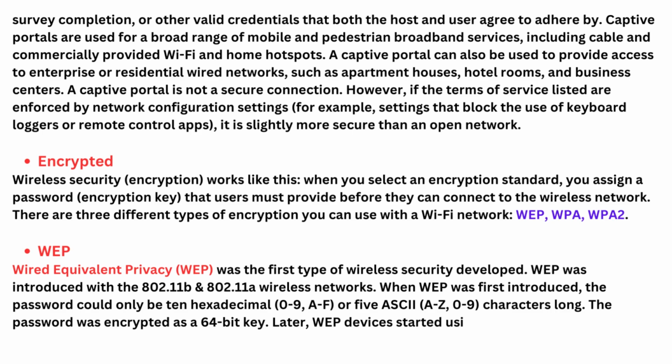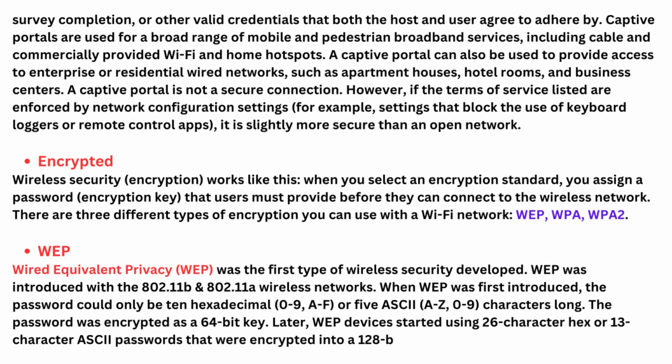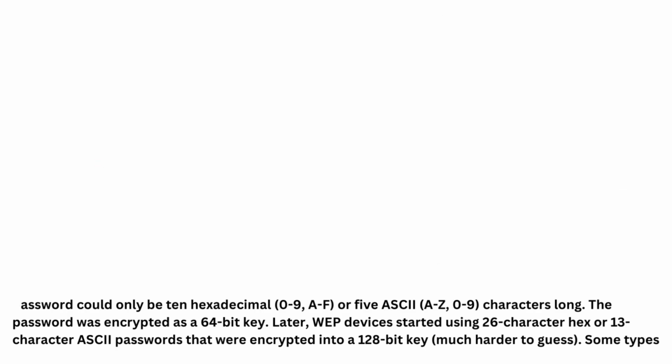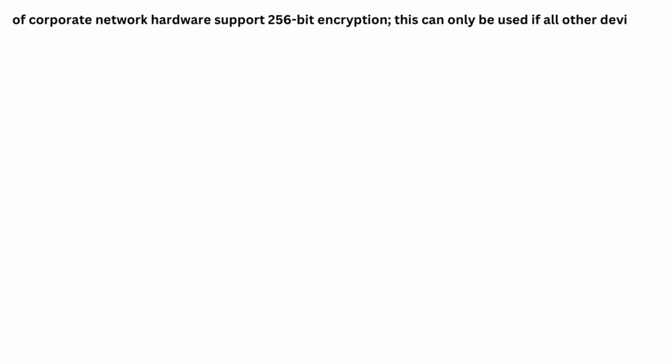Later, WEP devices started using 26-character hex or 13-character ASCII passwords that were encrypted into a 128-bit key, much harder to guess. Some types of corporate network hardware support 256-bit encryption. This can only be used if all other devices on the network also support 256-bit encryption.